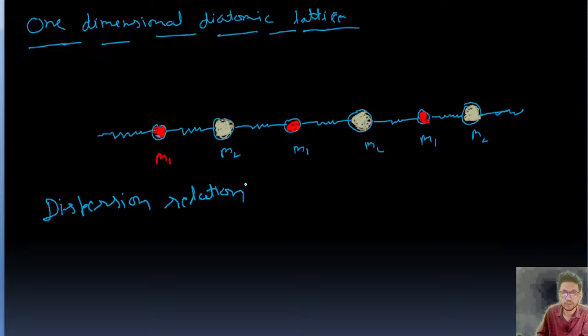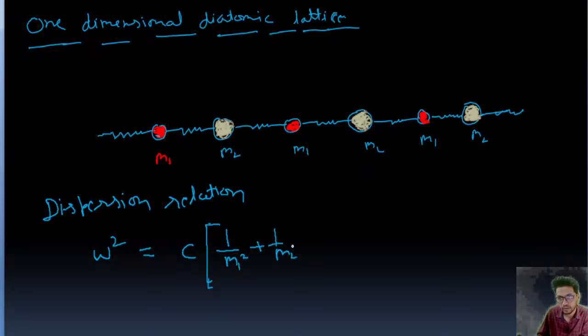So the dispersion relation for the one-dimensional diatomic lattice is omega square equal to C into 1 upon m1 square plus 1 upon m2 square, where C is the spring constant. Here m2 is greater than m1.